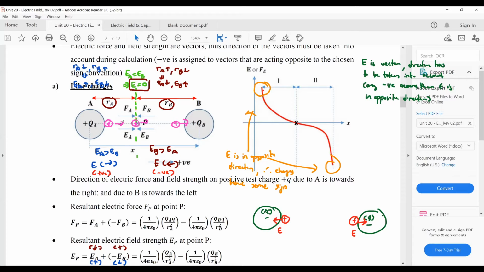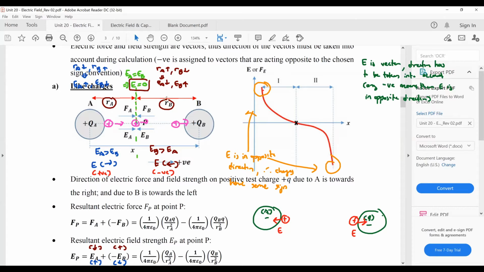Whatever electric force you have between here and here is determined by the electric force due to A and B combined, but one of them will always be in the opposite direction to the other. So there will be a point where the electric force is zero, and a point where the electric force is more than the other.